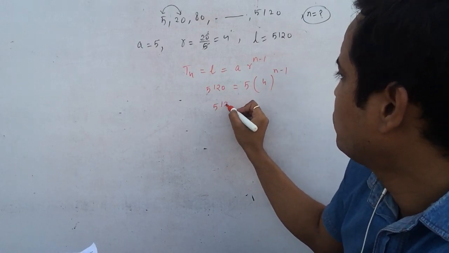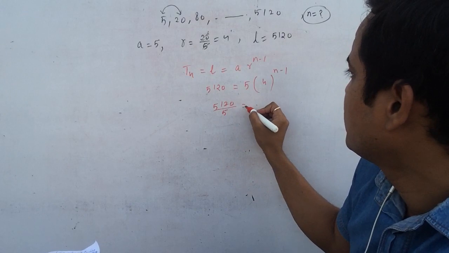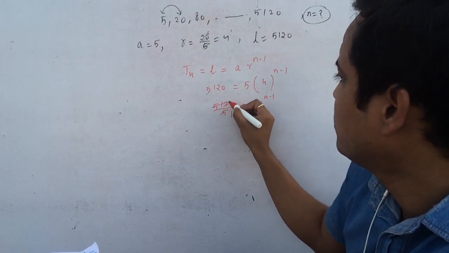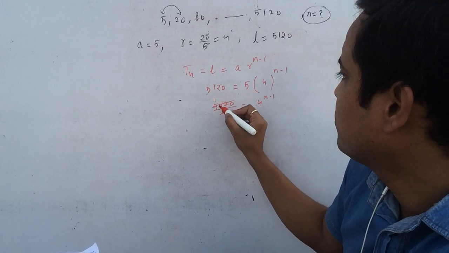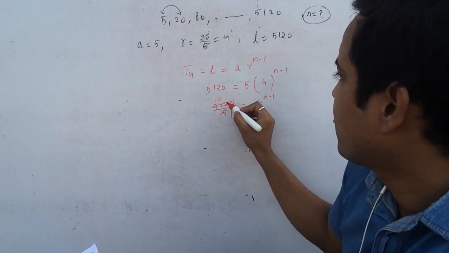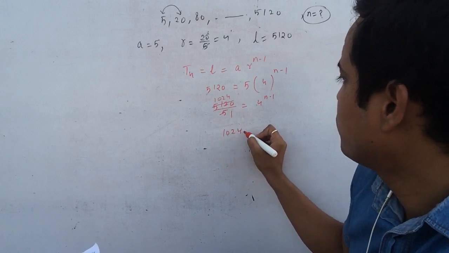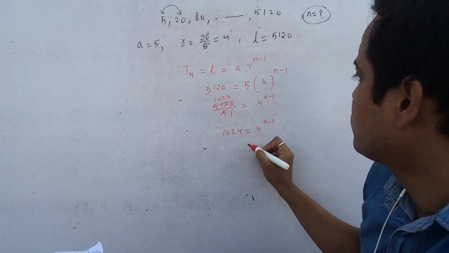So 5120 divided by 5 equals 4 raised to power n minus 1. When divided, 5 1s are 5, 0, 5 2s are 10, 5 4s are 20, giving 1024, which is 4 raised to power 5.